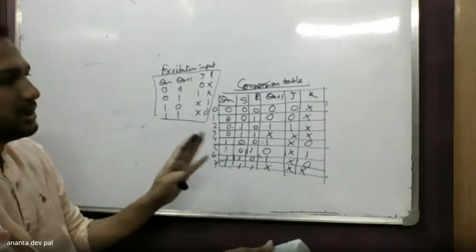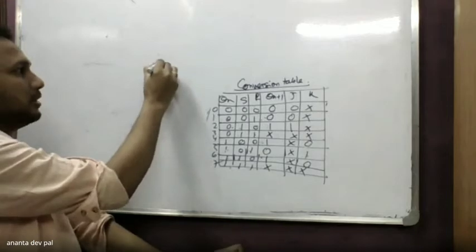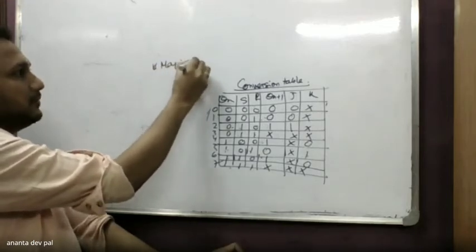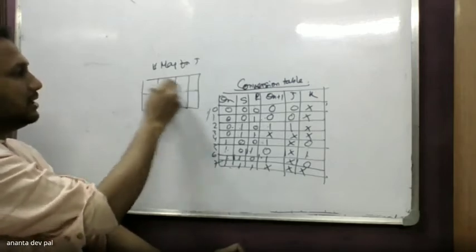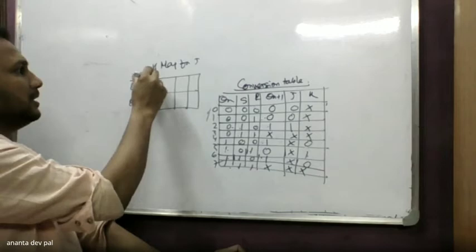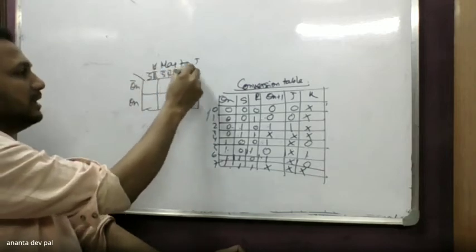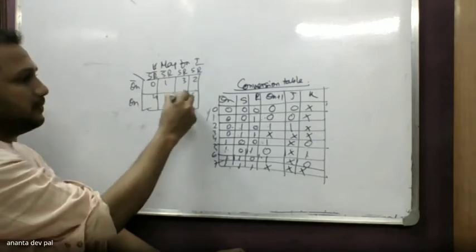Now we have to design the K map for J and K. First of all, the K map for J. There are three variables, so there are 8 cells: S bar R bar, S bar R, SR and SR bar, numbered 0 1 2 3 4 5 6 7.